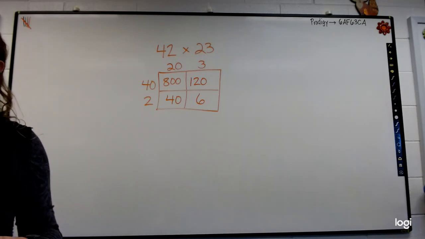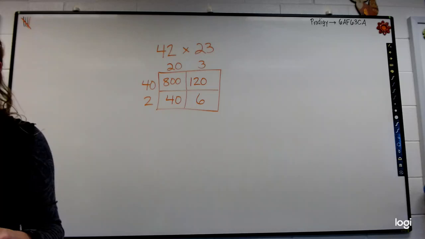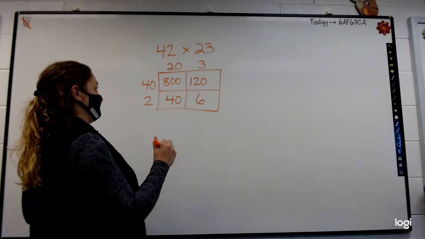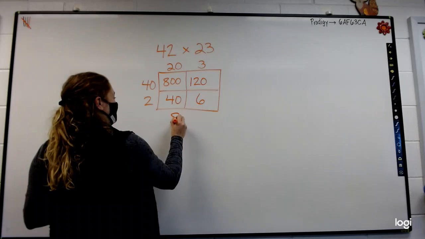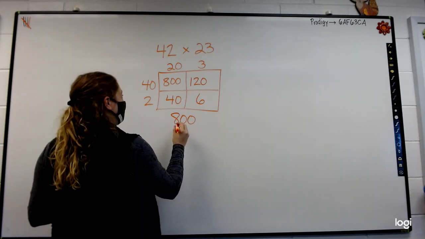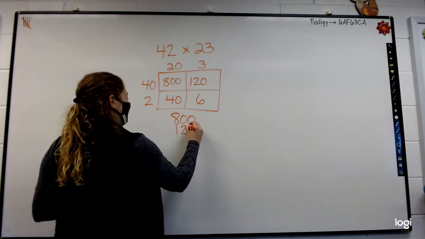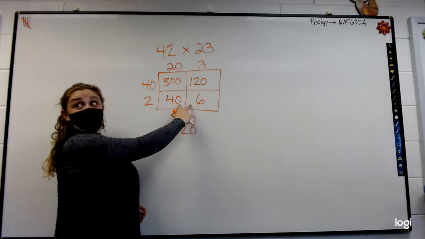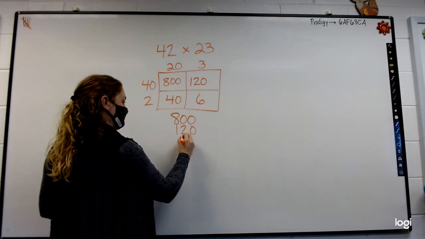How do we find the total product? Last step. How do we find our total product? Noah? Add them all together. Add them all together. So, stack them up, add them up. You know, sometimes if you have a 40 and a 6, I will just smush those together and make it a 46. You can do things like that.